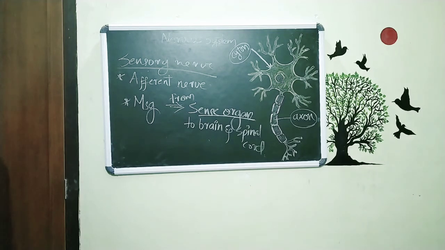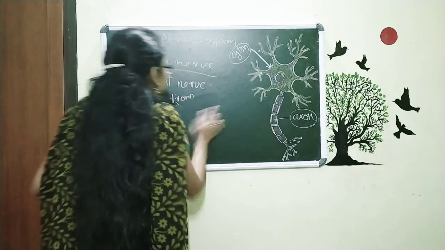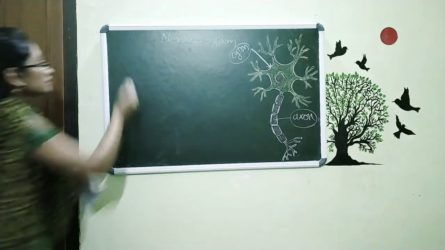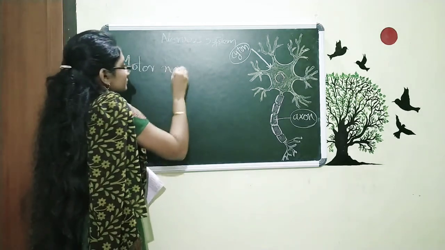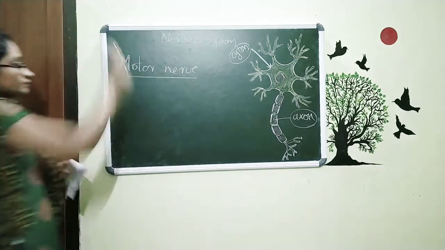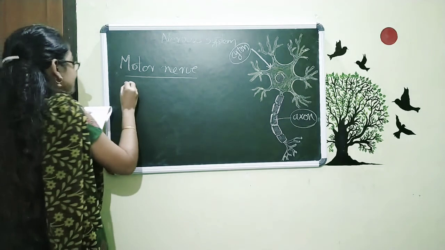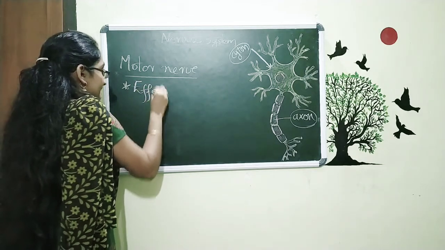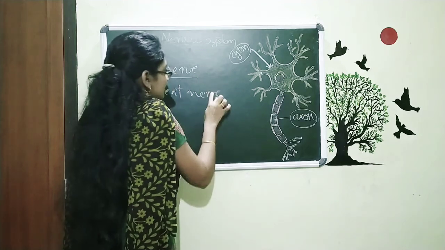Now we want to study the next type of nerve and it is motor nerve. This motor nerve is also called efferent nerve.